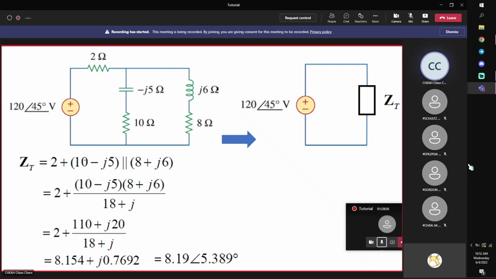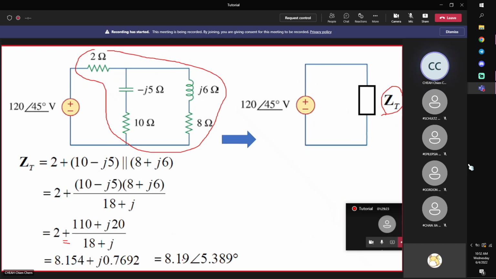The rest is to do it carefully. Z1 Z2 divided by Z1 plus Z2, multiply them, convert it into rectangular form so as to perform additions. Then eventually you can show that this whole thing is equivalent to one equivalent impedance of 8.154 plus j0.7692, real part and imaginary part.